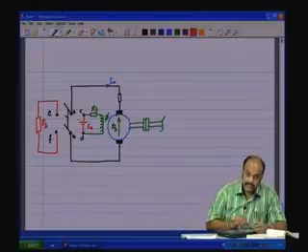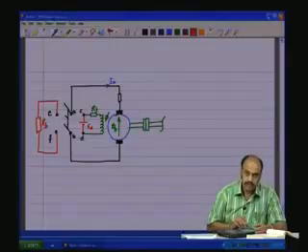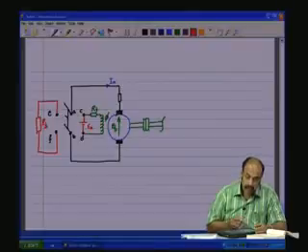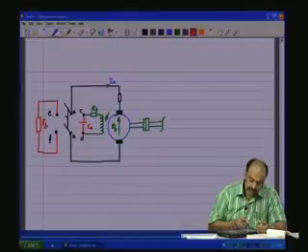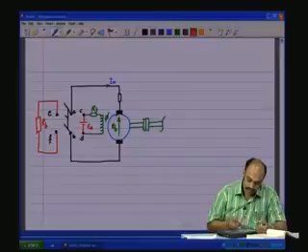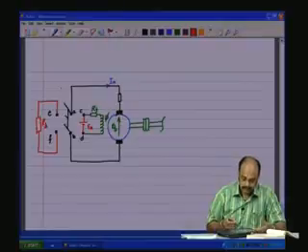So, when it is motoring, the switch here is connected to C and D, which means AC is short, BD is short, it is motoring, IA is flowing. Now, during braking, we open the switch and connect it to E and F, which means A and E are short, B and F are short, which means now the whole system is acting like a generator.